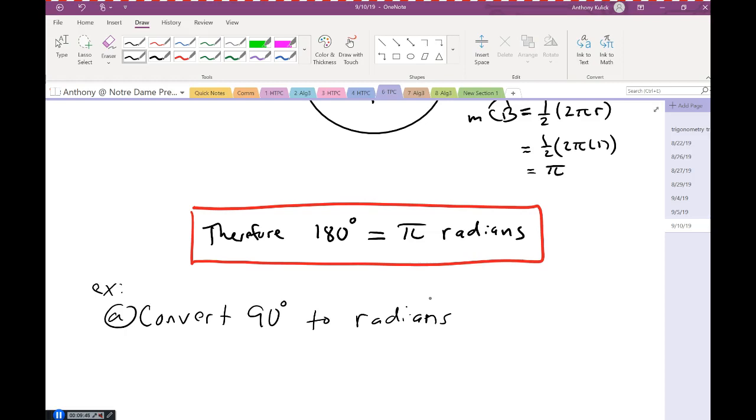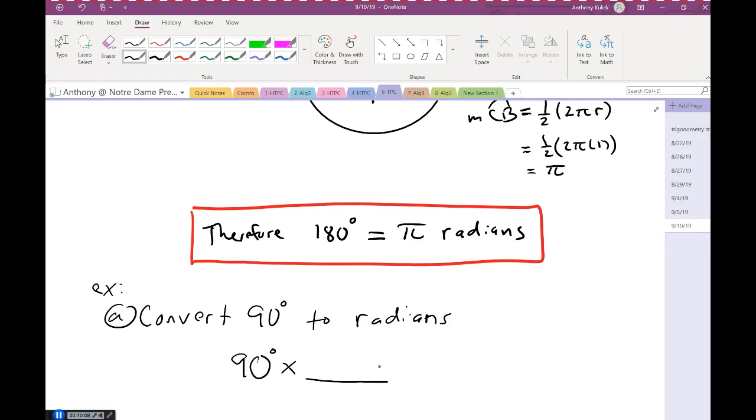So just like you did in your chemistry class or other science class, I'm going to do a unit conversion. So I'm going to have 90 degrees, and I'm going to multiply this by a conversion factor. My conversion factor is that 180 degrees is pi radians.